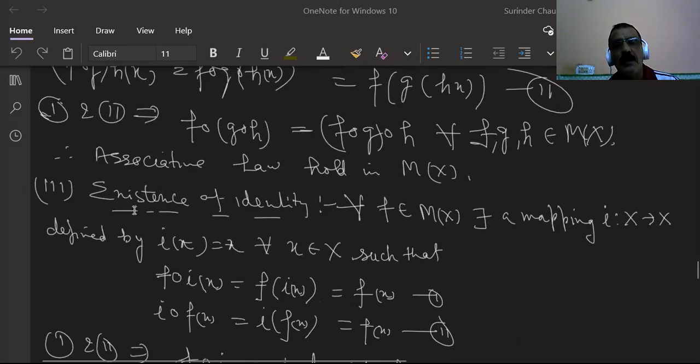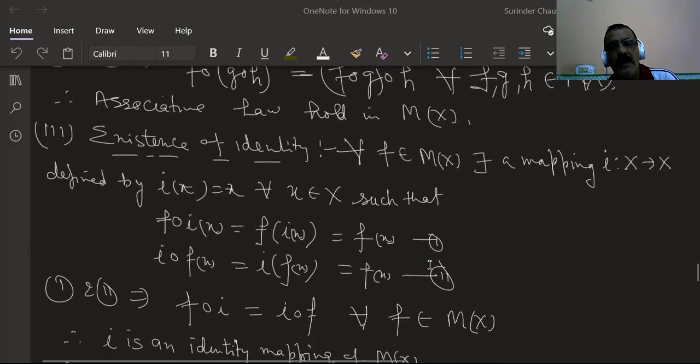Existence of identity element. For all f belongs to Mx, there exists an identity mapping I from X to X, defined by I of x equal to x for all x belongs to X, such that f of I of x is equal to f of x, and I of f of x is equal to f of x.